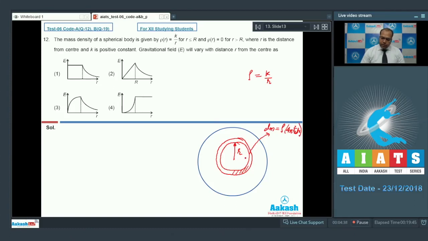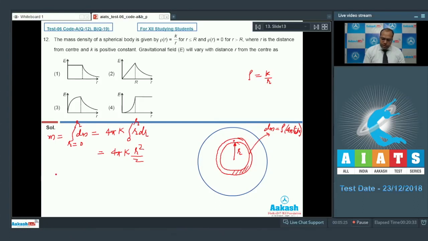So if I calculate the mass from 0 to r, this mass m is the integration of dm, where r varies from 0 to r. If I substitute the value of rho, that is k by r, it comes out to be 4 pi k into integration of r dr from 0 to r. So it is equal to 4 pi k into r square by 2.